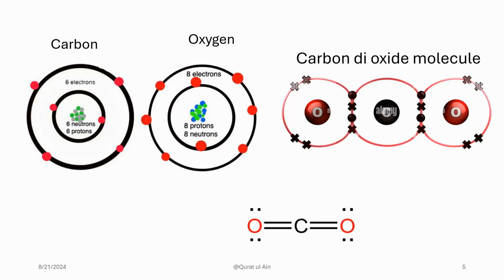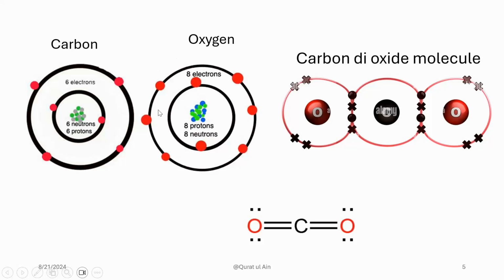Of these 8 electrons, oxygen has 6 electrons distributed in the outermost shell, and 2 electrons present in the innermost shell.